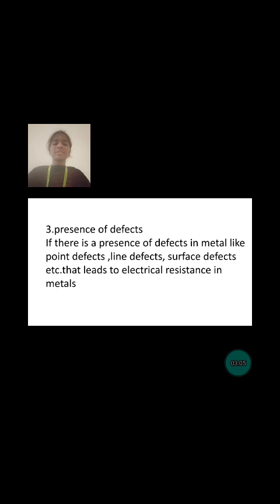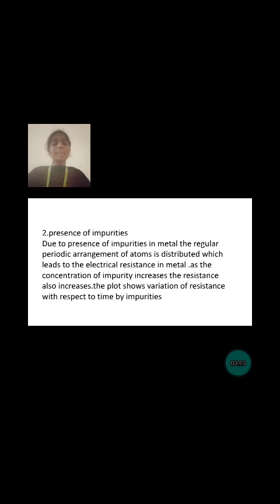Presence of defects: defects in a metal, like point defects, line defects and surface defects, lead to electrical resistance in the metal. This type of graph is due to the presence of impurities in a metal: the regular periodic arrangement of the atoms is disturbed, which leads to electrical resistance in the metal.